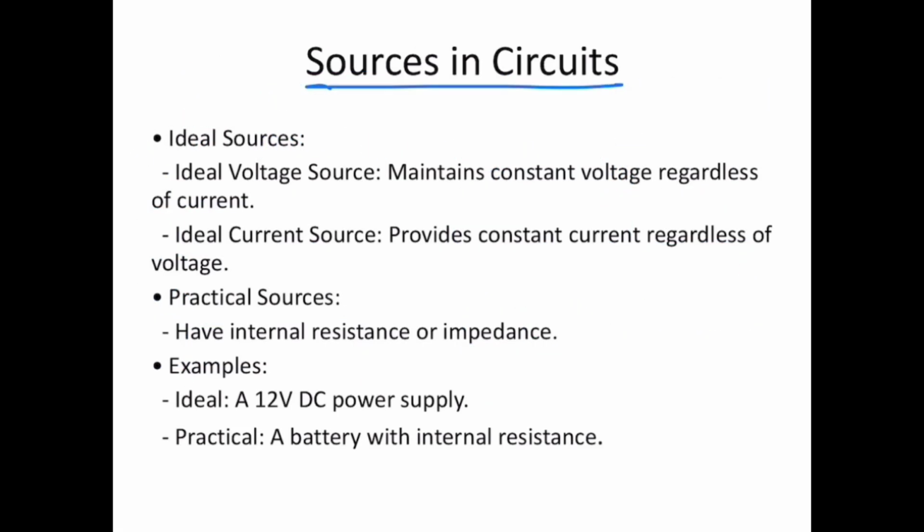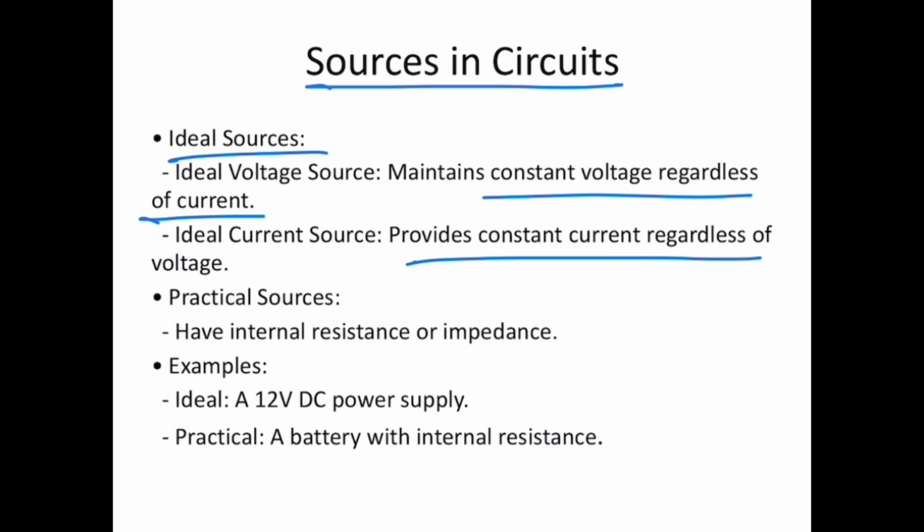So for sources in the circuit, we have ideal sources, that is the ideal voltage source and current source. We already explained these. An ideal voltage source maintains constant voltage regardless of current, and an ideal current source provides constant current regardless of voltage. Practical sources have an internal resistance or impedance.